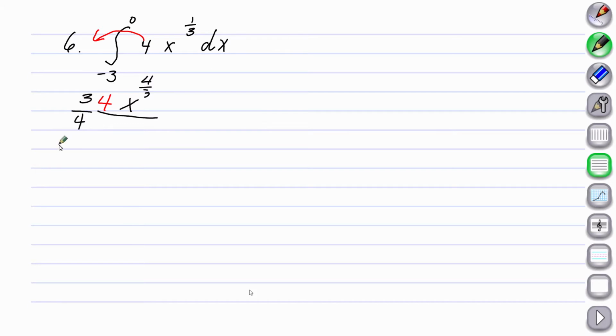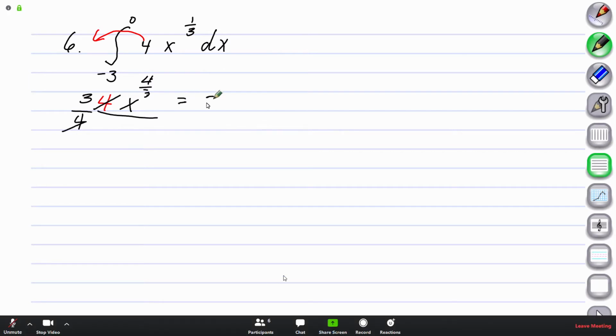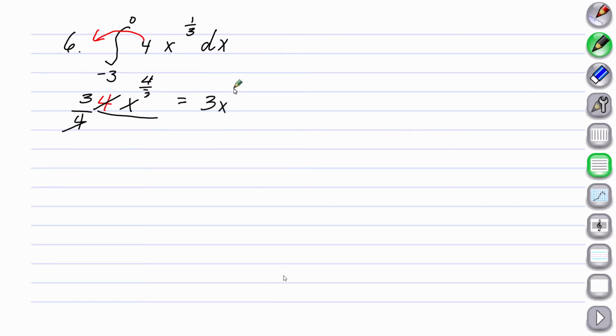You can think of it that way too. If this is a fraction, you multiply by the reciprocal. And this 4 will cancel out 4, so we end up with 3x to the 4/3 from 0 to -3.